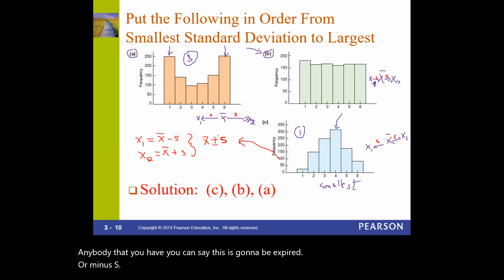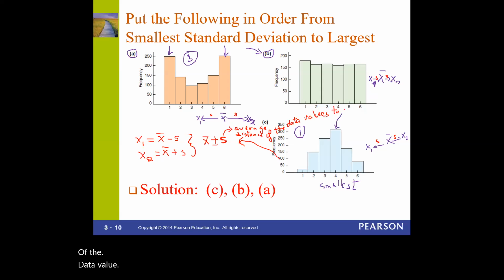On average, because s is the average distance of the data value to the mean.